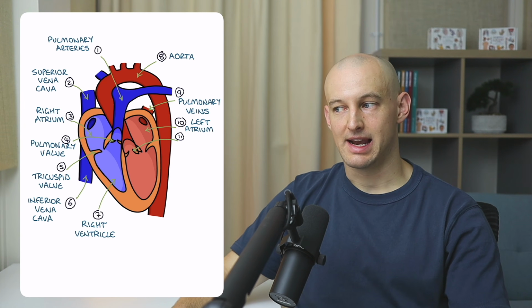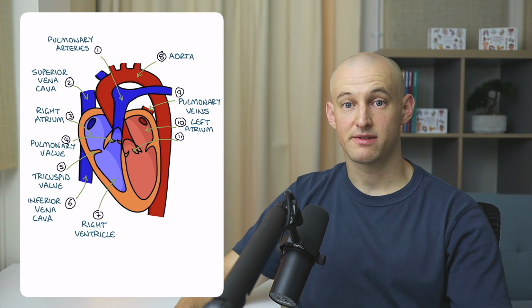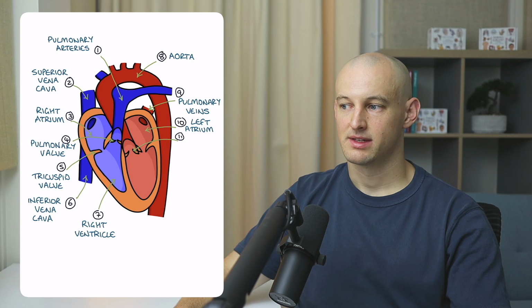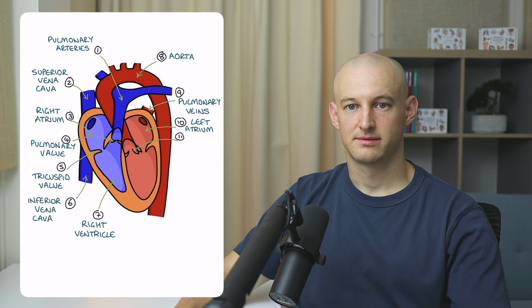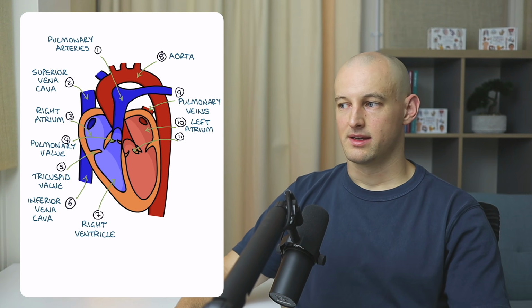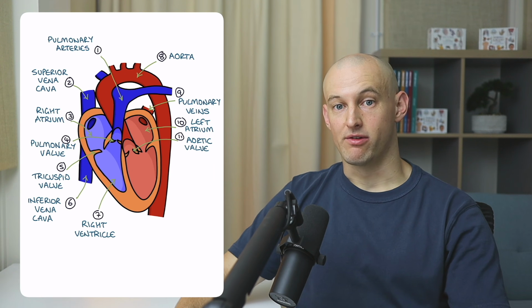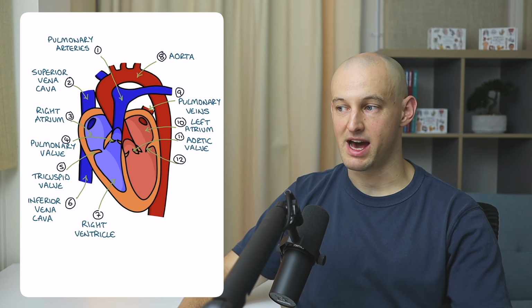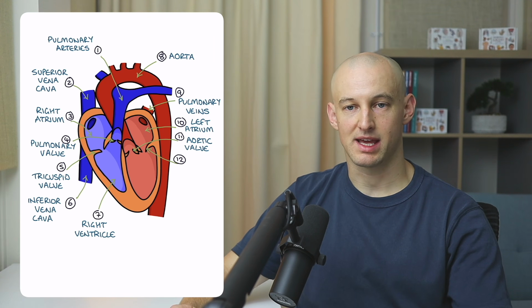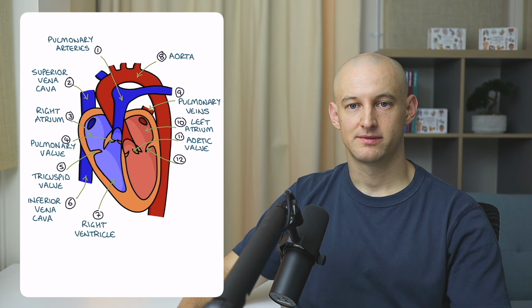Question 11. What's the name of this valve? This is the aortic valve. Question 12. What's the name of this valve coming from the left atrium into the bottom chamber?